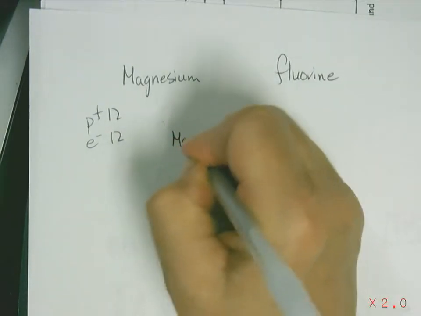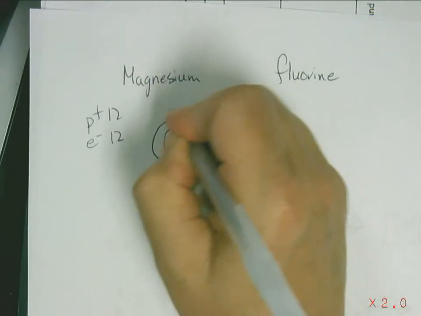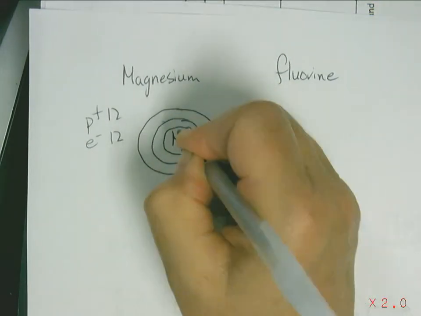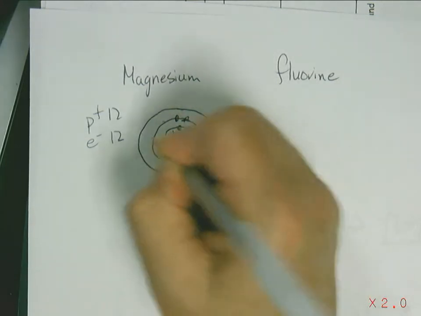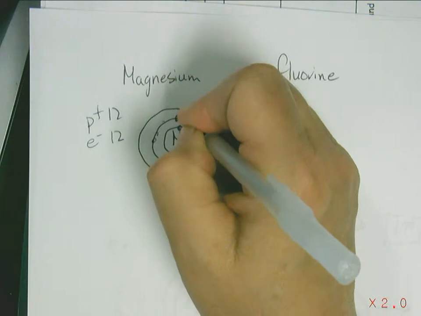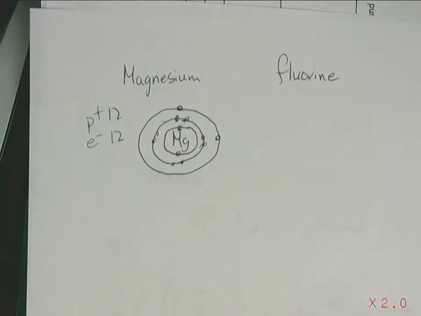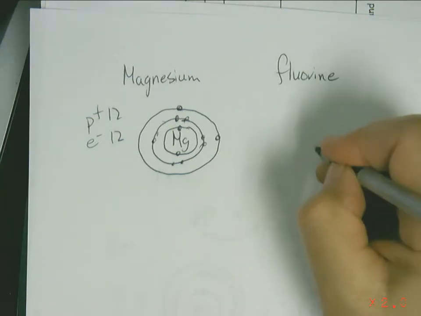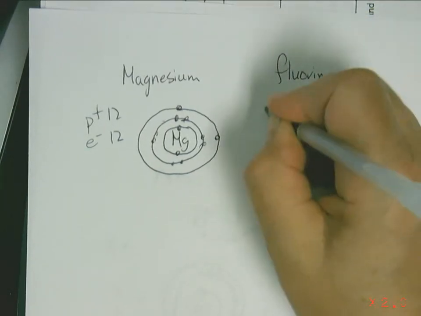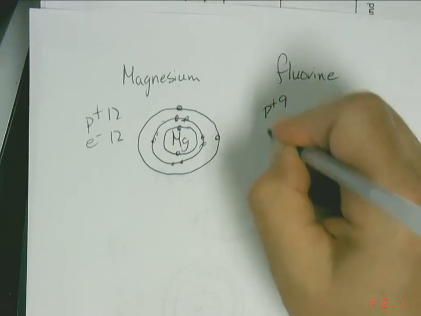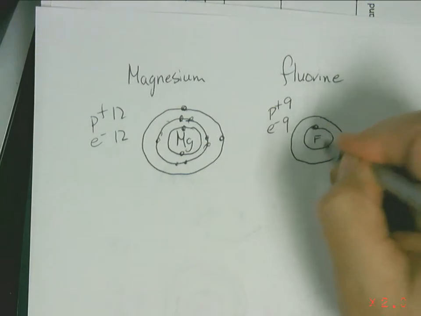So do the Bohr diagram first. 1, 2, 3. And it has 2 valence electrons. Fluorine: 9 protons, 9 electrons in the atom.